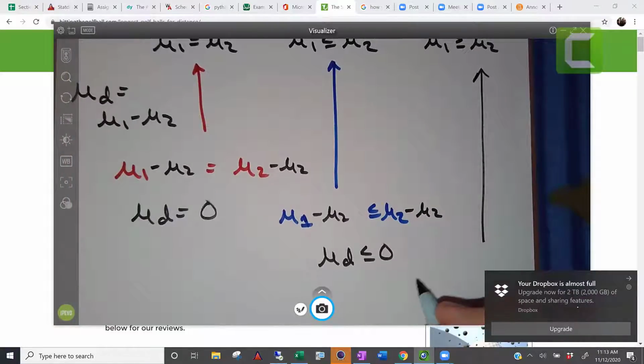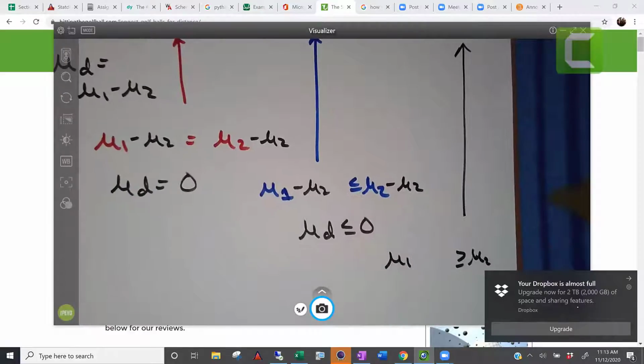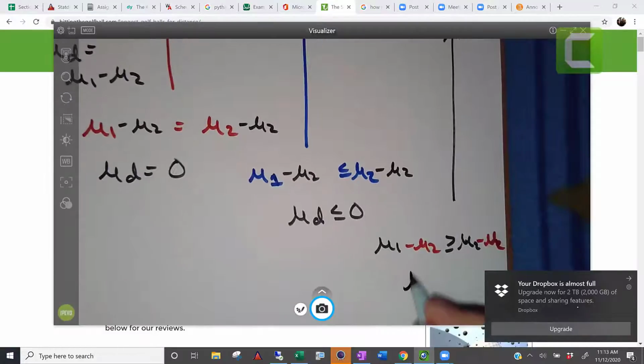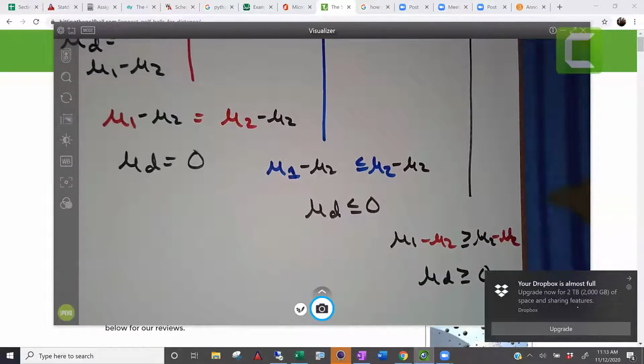So I'm going to start out with mu sub 1 is greater than or equal to mu sub 2, and I'm going to subtract mu sub 2 from both sides. And like before, I get mu sub d, this time greater than or equal to 0. So I end up with 3 different possibilities, but they're the same kind of things that we've been dealing with all along.